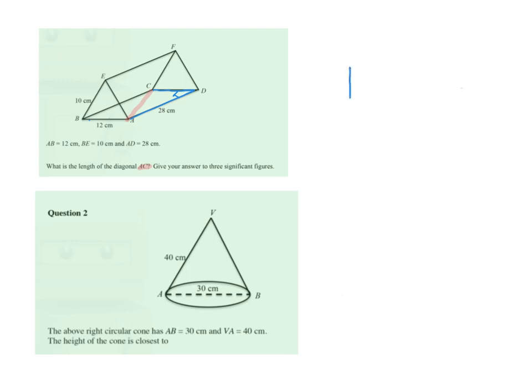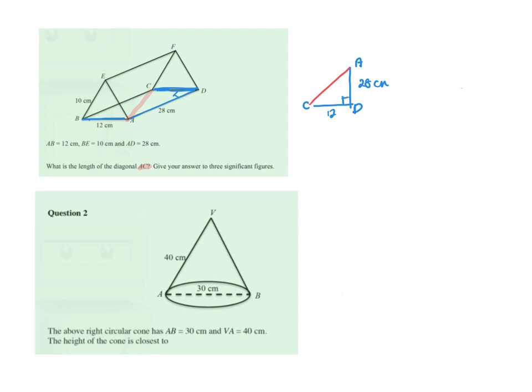So if I draw this triangle up and I say this is D, this is A, and this is C, and we go across there. So we know between A and D is 28, and this length is going to be the same as C and D. So we know this is 12 centimeters as well.